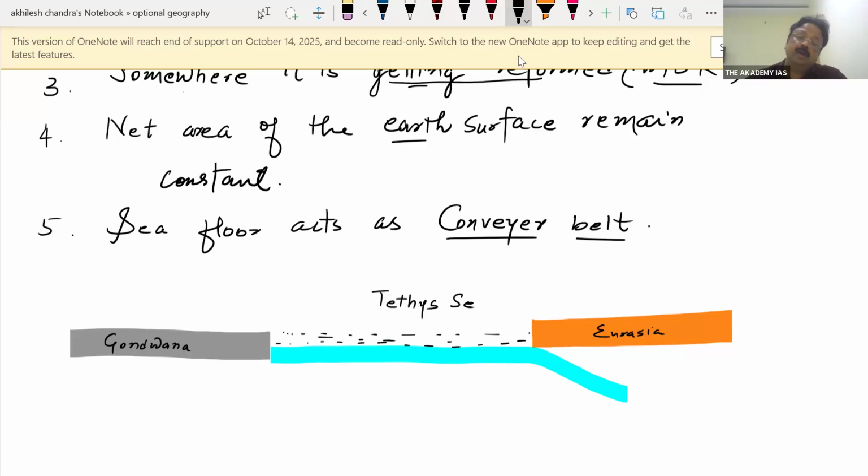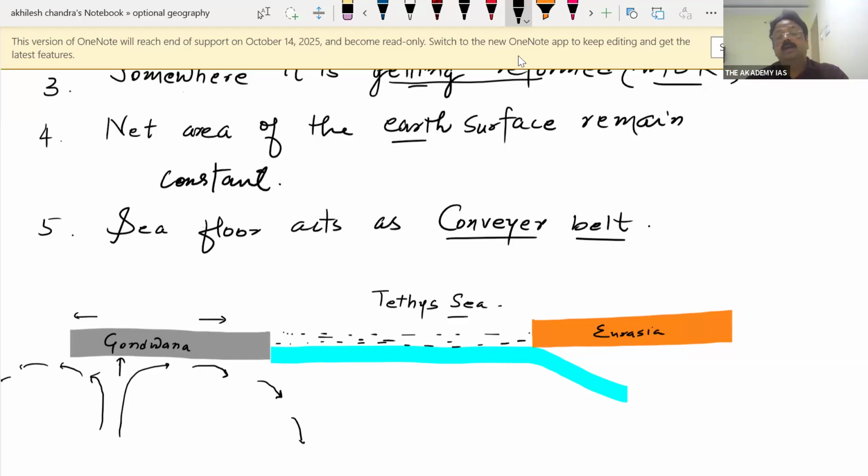Now what happens? Somewhere below Gondwana, there is a rise of convectional current. And due to this, Gondwana was broken. From here, Gondwana was broken. And because of convectional current, Gondwana starts moving like this.